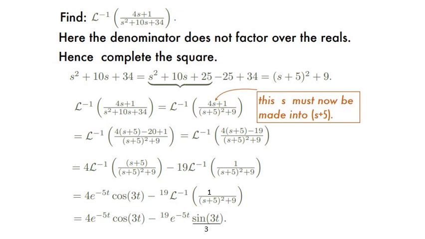That a is minus 5. So you will get 4 e raised to minus 5t cos 3t minus 19, and the second part 1 by s plus 5 square plus 9 resembles sine 3t by 3, and apply the inverse shifting. You will get minus 19 e raised to minus 5t sine 3t by 3.